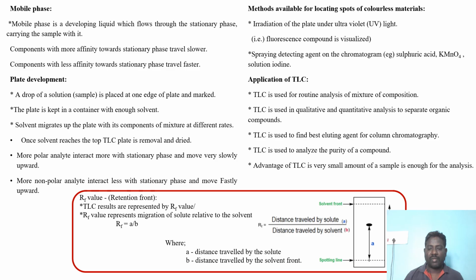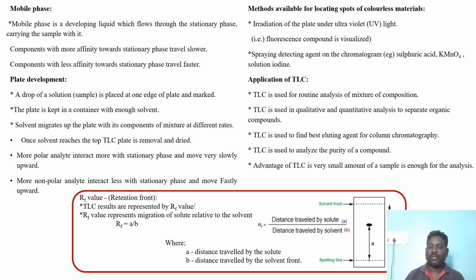It is given by the RF value. Here RF stands for retention factor. TLC results are generally represented in RF value. The formula for RF is the distance travelled by a solute, solute here meaning the mixture of compounds, divided by the distance travelled by the solvent.